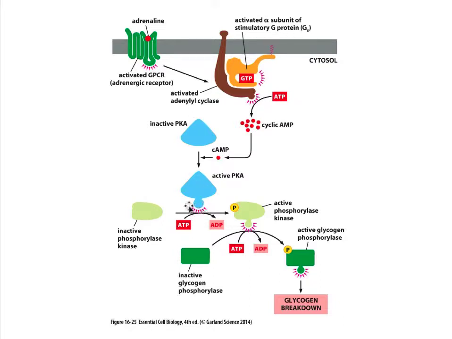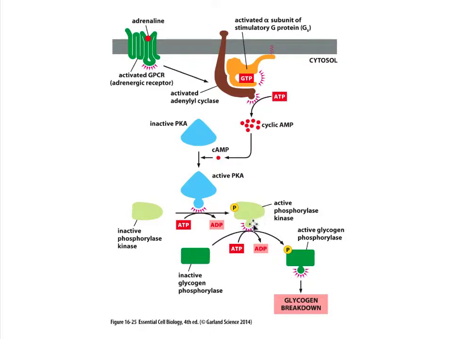What does it act on? It acts on this phosphorylase kinase. This is an enzyme that will add phosphates to something else. And you can see once it's activated by being phosphorylated itself, that's what pKa does, it adds phosphates to this molecule, it changes shape and it becomes activated itself.